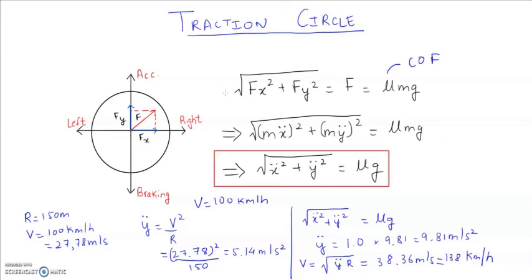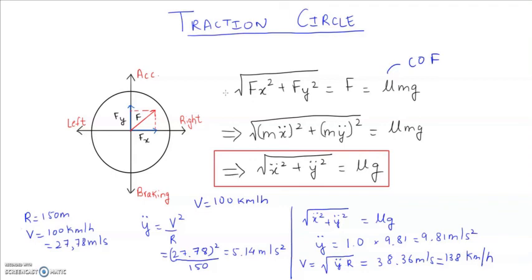So they can see the ability of the tire, and keeping the traction circle in mind, they can know the maximum force that a tire can withstand. But that's quite much into detail. We just wanted to talk about the basics of the traction circle.